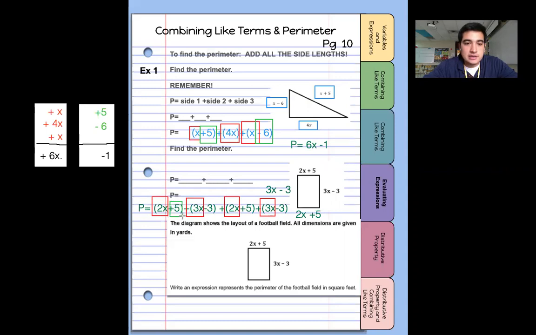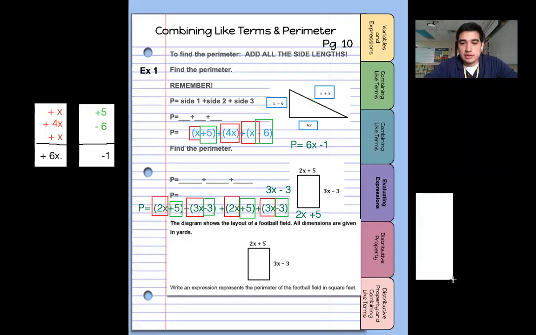Plus 5 is a constant, minus 3 is a constant, another plus 5, and another minus 3. Now we can make our classrooms. It's going to be faster because we already have everything labeled. I'm going to do this on the left side. I have a classroom here, and I have another one here.